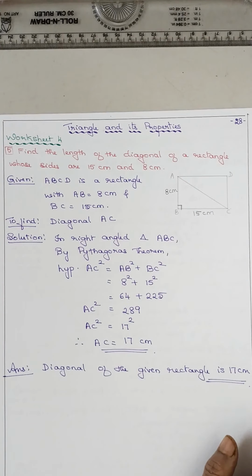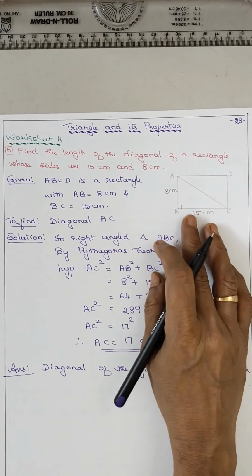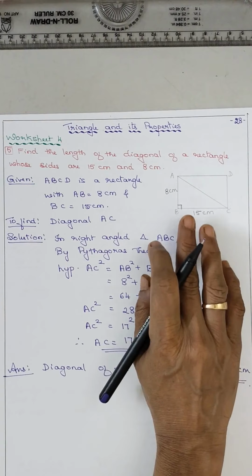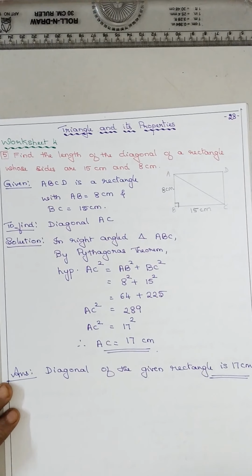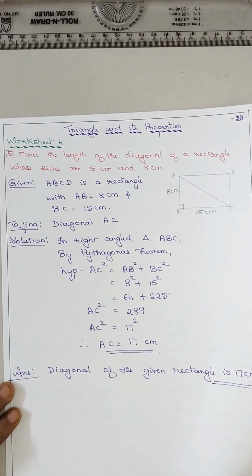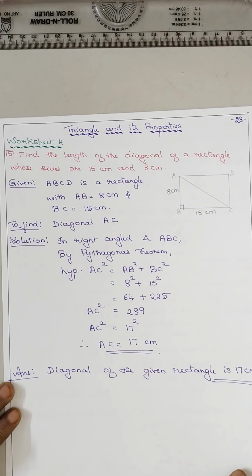First draw the rectangle and join the opposite vertices, that is the diagonal, and corner angle is 90, that is why it becomes one right angled triangle, and use the Pythagoras theorem. Find the length of the diagonal.